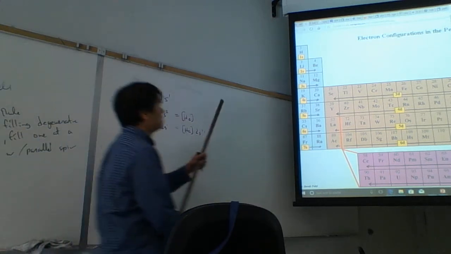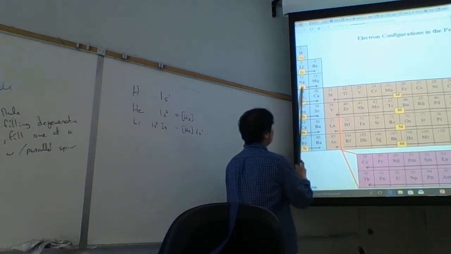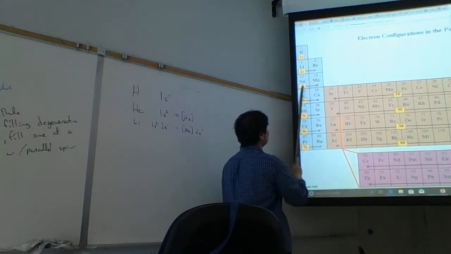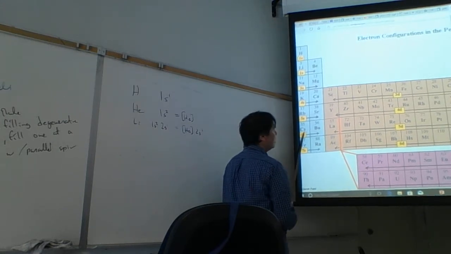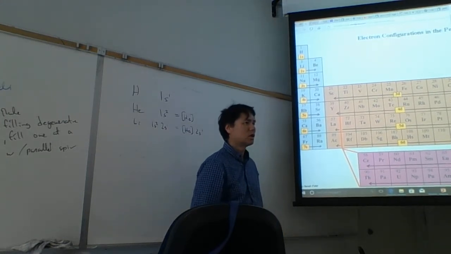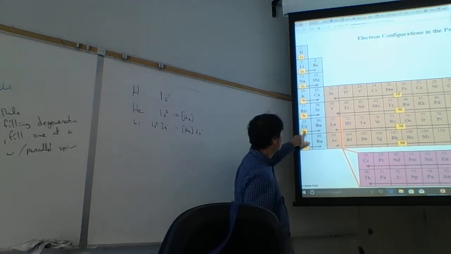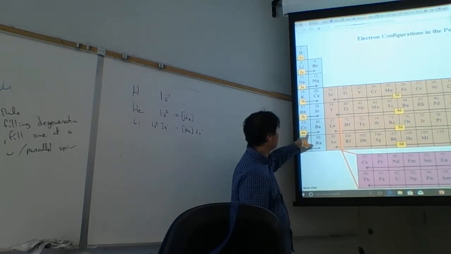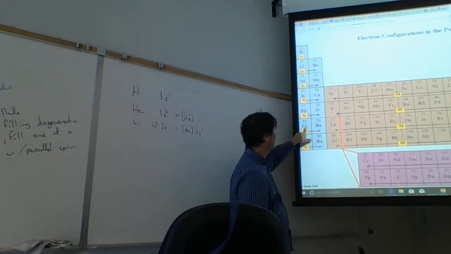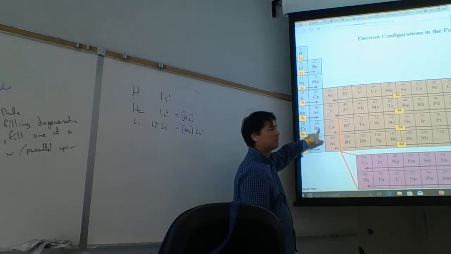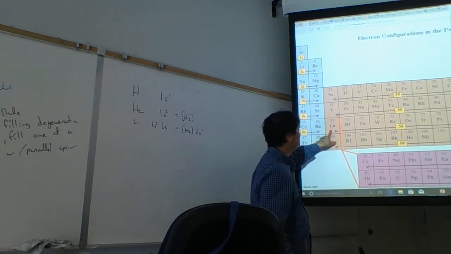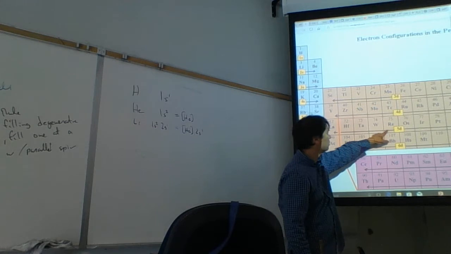So we call these periods, first period, second period, and we call them shells, first shell, second shell, third shell, fourth shell, fifth shell, sixth shell. Take a look at what happens at the sixth shell. For the sixth shell, we have the 6s, so we need 2 electrons to fill that. Barium will fill it. And then we move on to the 5d here.